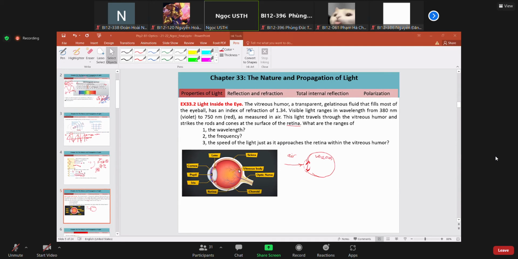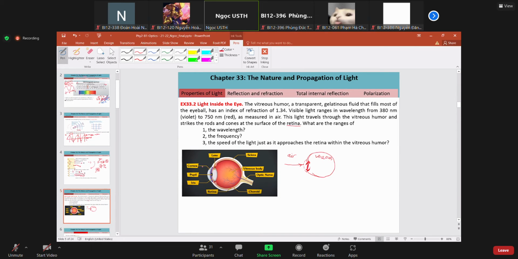You see here is the eye structure, and I have to say that I don't know all the parts of the eye, many things. Normally you learn it maybe in grade 11th or 9th at high school or middle school. Let me draw the eye this way.